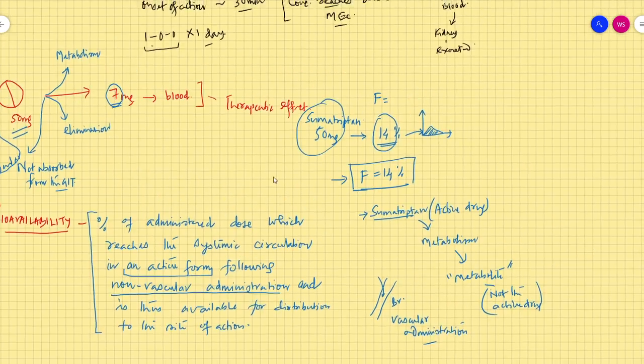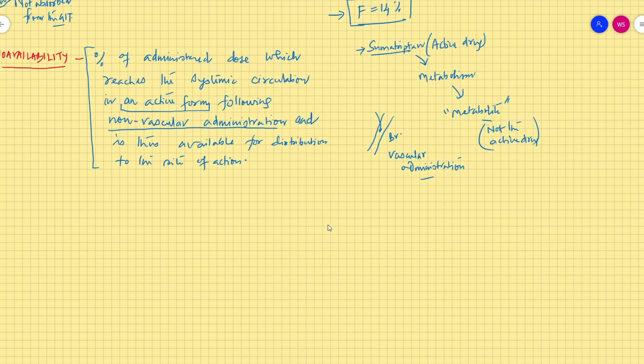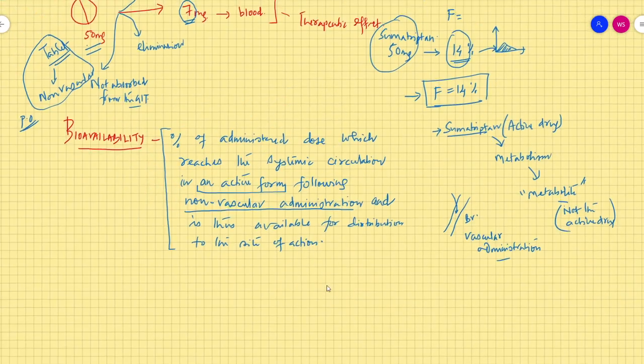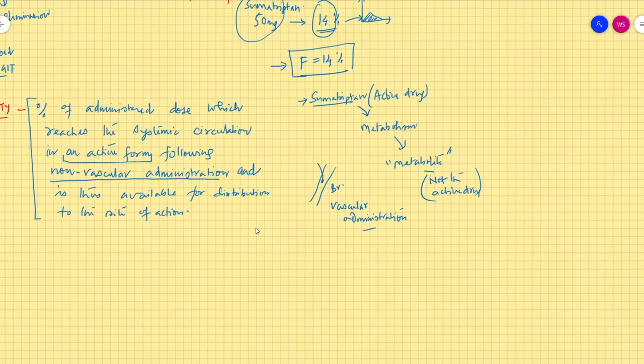So we need to remember that when the drug enters into the blood, it undergoes metabolism, it undergoes elimination, and then only it reaches the systemic circulation. Now, if we directly inject it into the blood, then the bioavailability is 100%. So if it is vascular administration, then the bioavailability is 100%. So F will be equal to 1. Why?